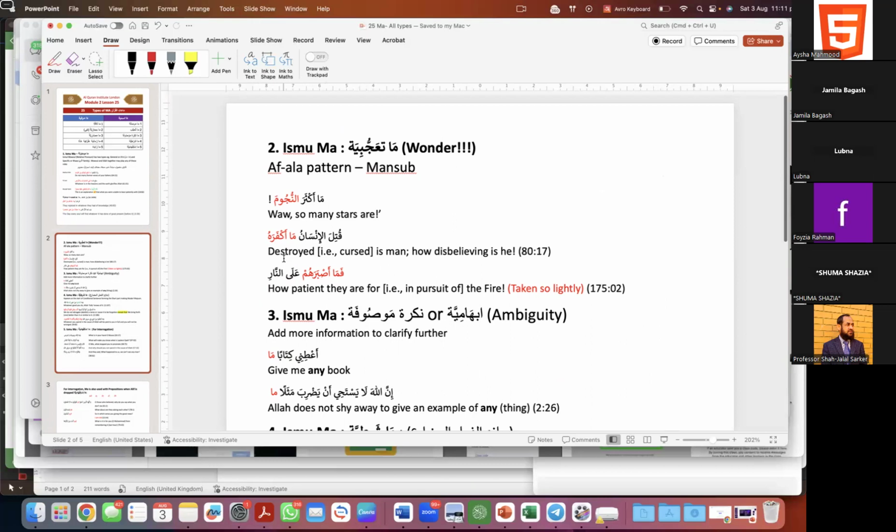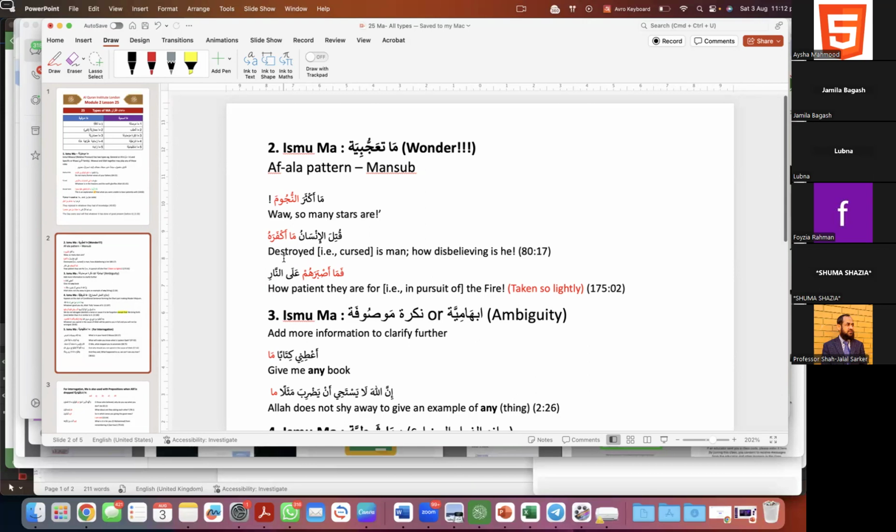Sister, that is the Af'alu pattern. Ismu Tafdil, yeah? Aslamu, Aksaru, Akbaru, Ahsanu, Ajmalu. This pattern, okay? Mostly, commonly.